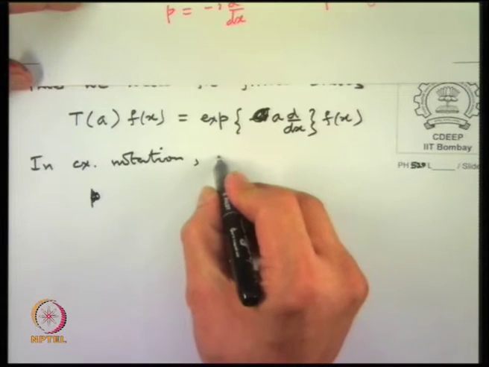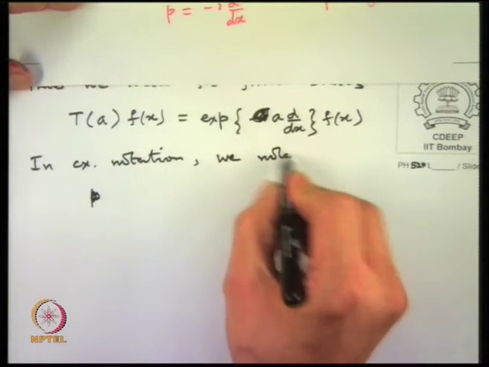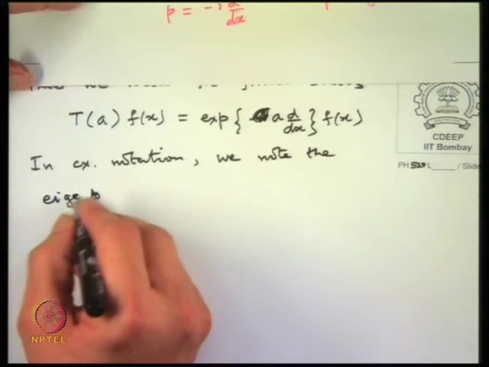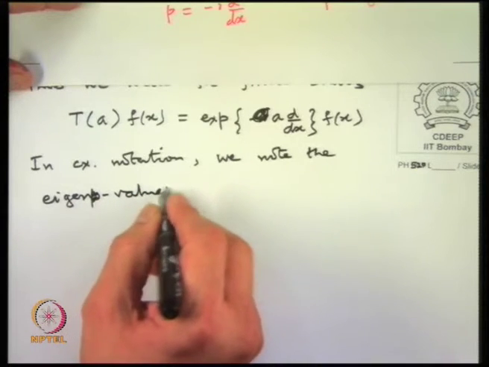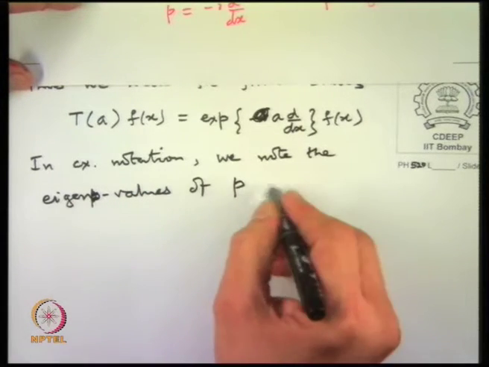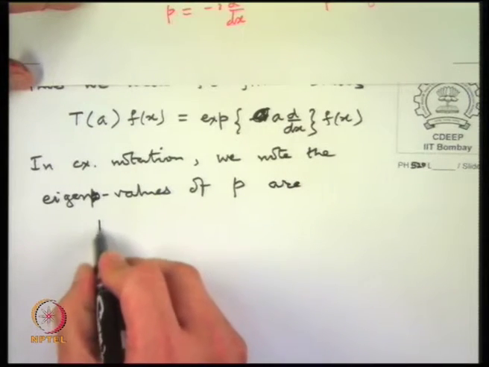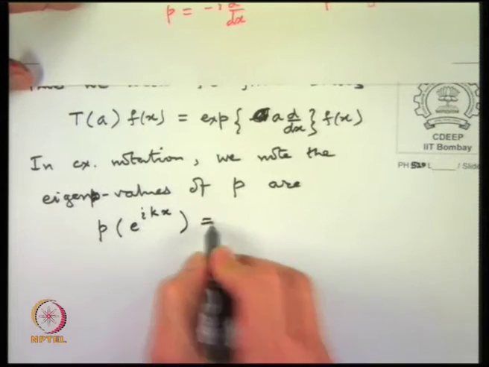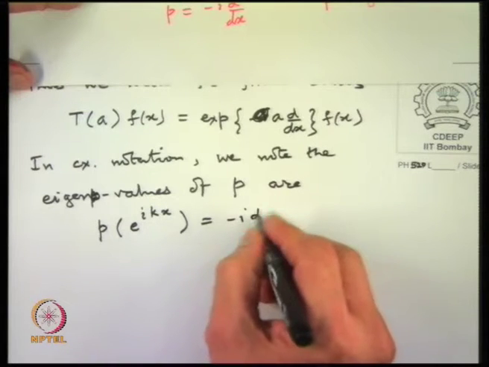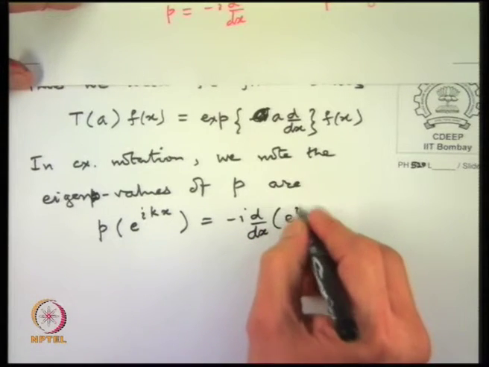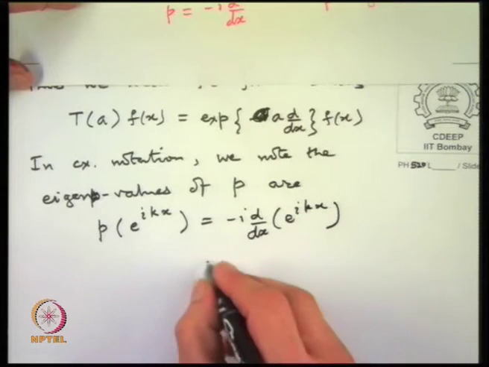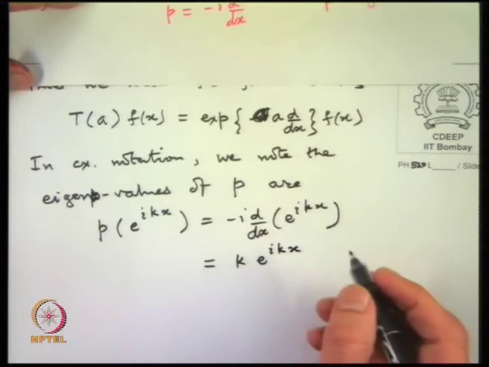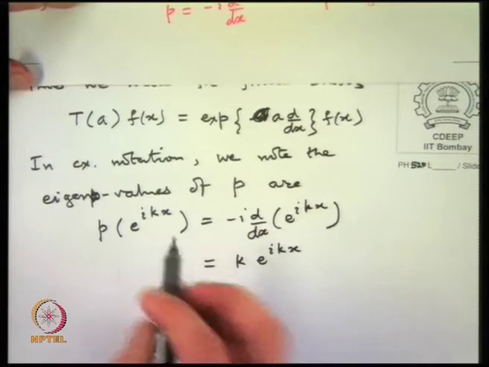So in complex notation, we note the eigenvalues of P are, so eigenvectors.